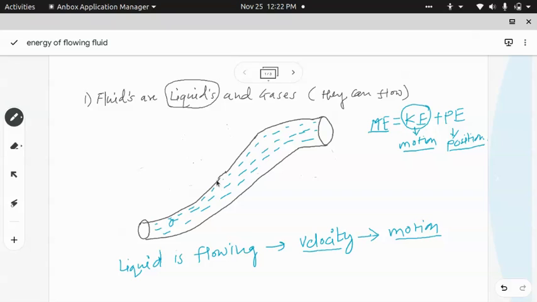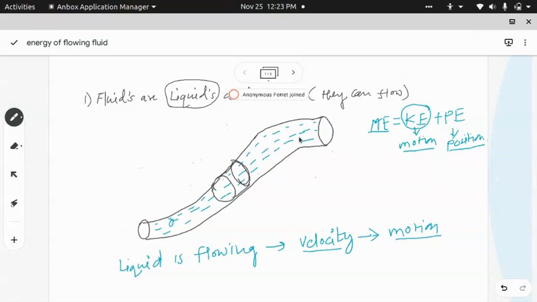You can consider a particular velocity of this cylinder and the whole volume or whole mass contained in this cylinder, and this cylinder is traveling throughout the tube.